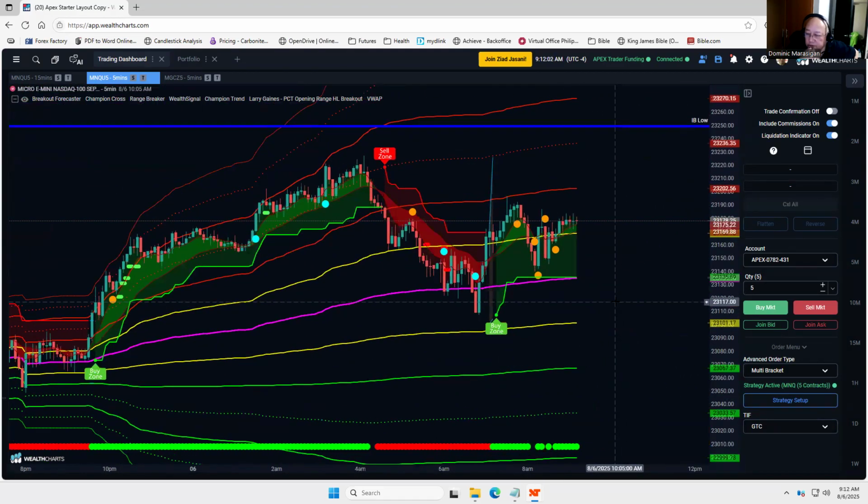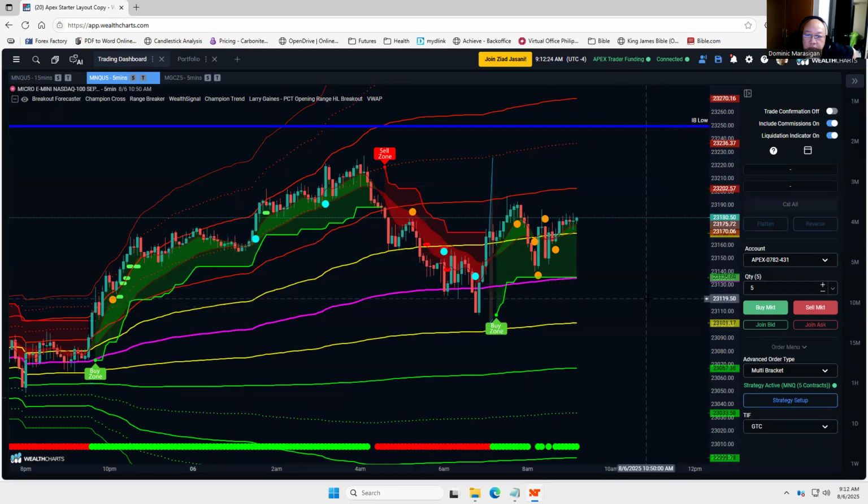This is what I usually do. What are we at right now? Here we see we had the first impulse move, we had the pullback, and now we had that pullback. So now it's going to try to get up here. So let's say I get into this. Oh, it's already 9:12.